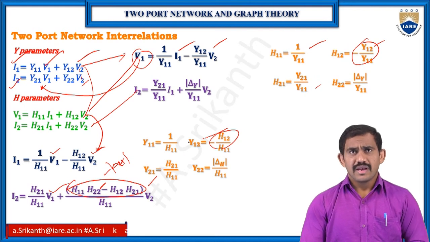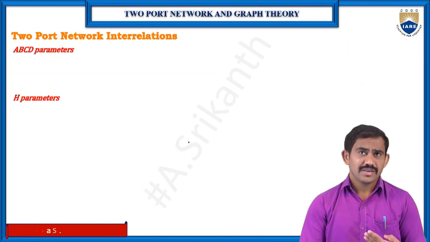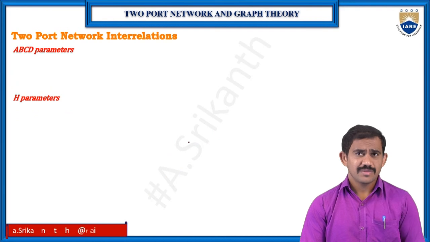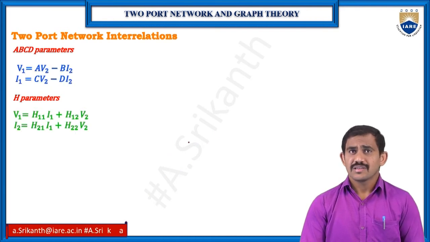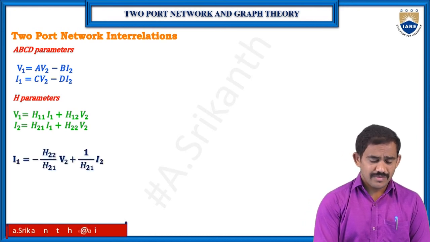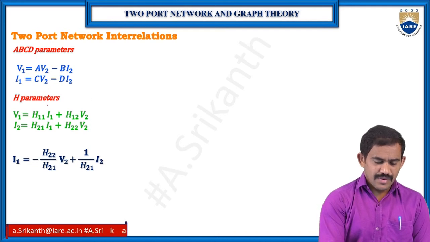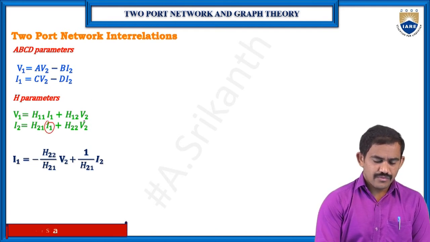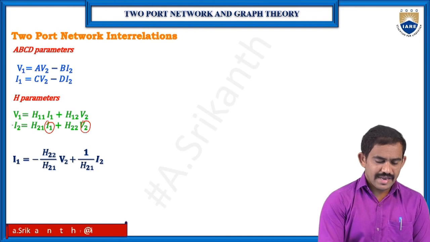Okay. Now last, when I know H parameters, I need to find out ABCD parameters. When I know ABCD parameters, I need to find out H parameters. So same equations, and from this equation, I have an I1 value, V2 value, I2 value.